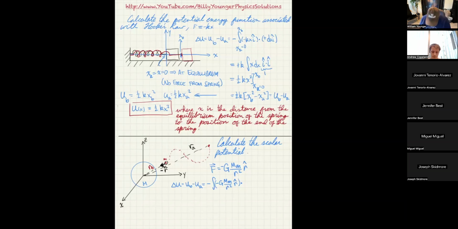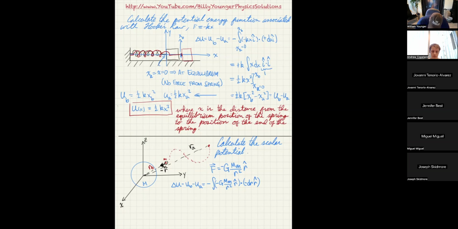The direction I'm integrating is obviously from RA to RB, so that's in the negative r hat direction. So I'm going to call that negative dr r hat, and that is going to be the integral, the work that I'm going to calculate.